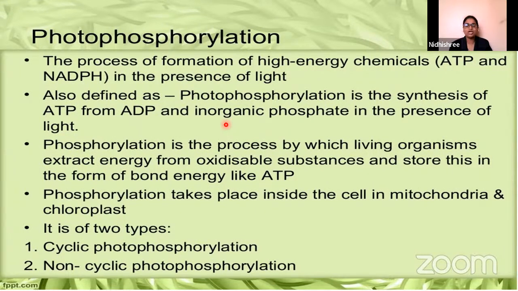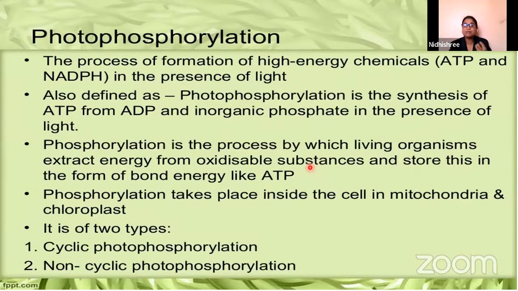Phosphorylation is the process by which living organisms extract energy from oxidizable substances and store it in the form of bond energy like ATP. Only phosphorylation, not photophosphorylation: the living organism extracts energy from oxidizable substances like carbon dioxide and water and stores it in the form of bond energy.